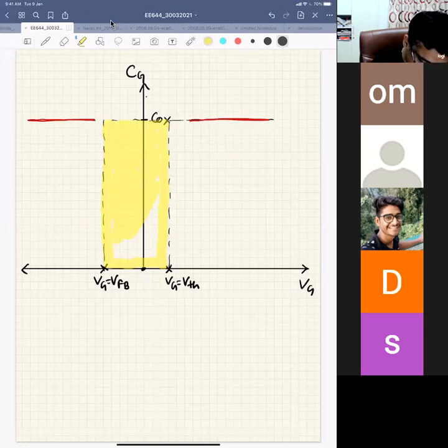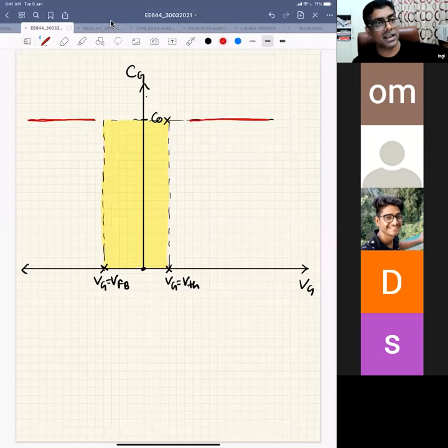It means your capacitor is in depletion, so as VG is increasing, your depletion width is increasing, so your capacitance is reducing.